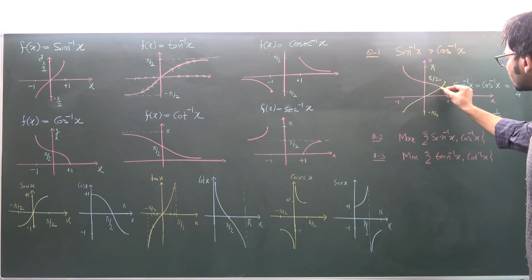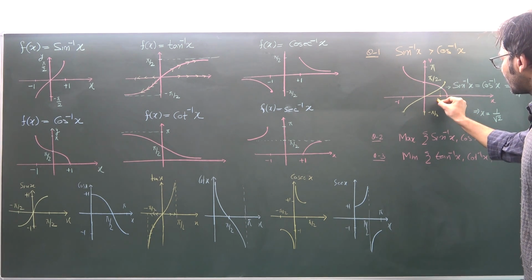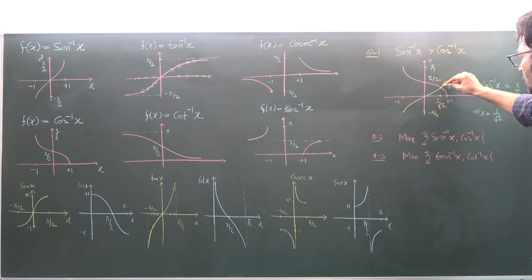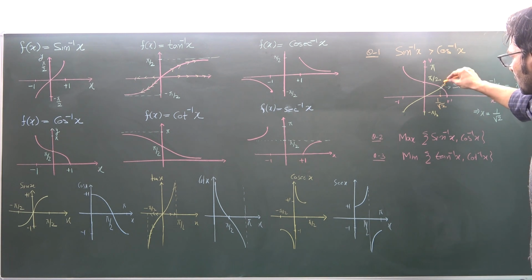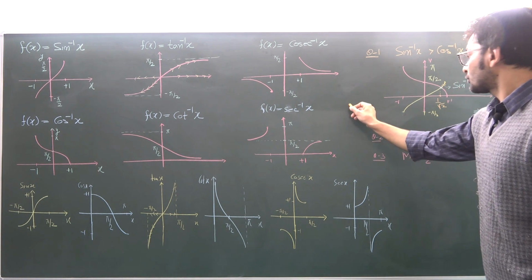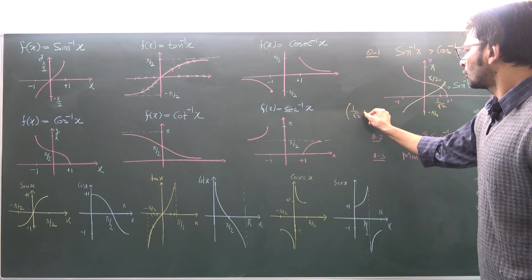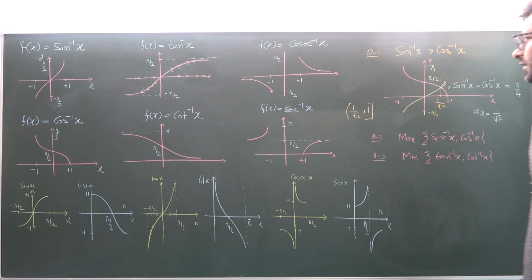We are interested in sin inverse x greater than cos inverse x, meaning the graph of sin inverse x, this is the graph we are talking about. So the solution is 1 by root 2 to 1, 1 included.